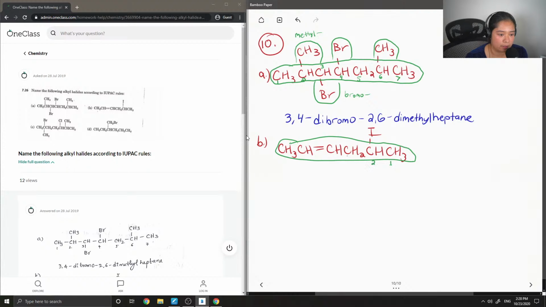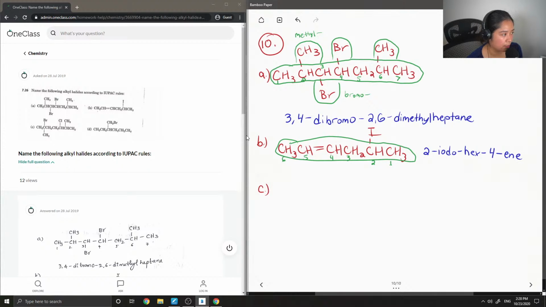And that's because, again, I want the lowest number of carbons. And then just to show where our substituents are, it is going to be 2-iodo for the iodine. Hex, because there are 6 carbons in the parent chain. 4-ene to show where our double bond is.